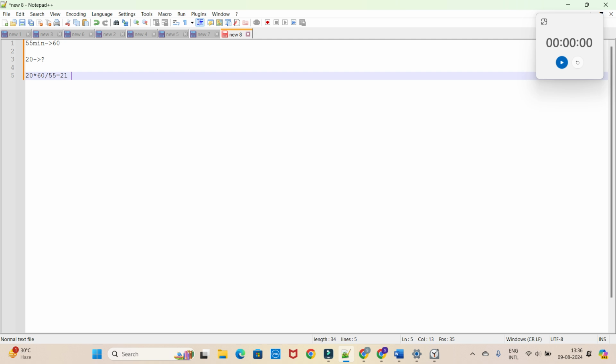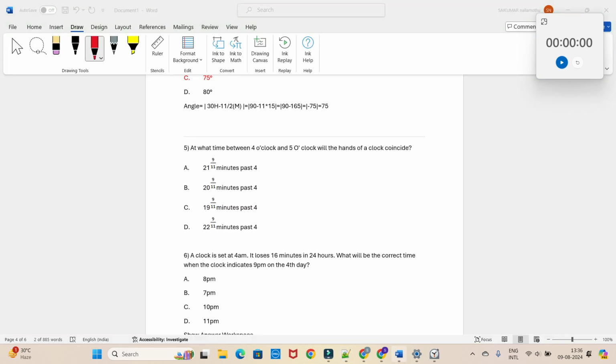5 into 12 is 60, 5 into 11 is 55, so that would result in 21 9 by 11 minutes past 4.